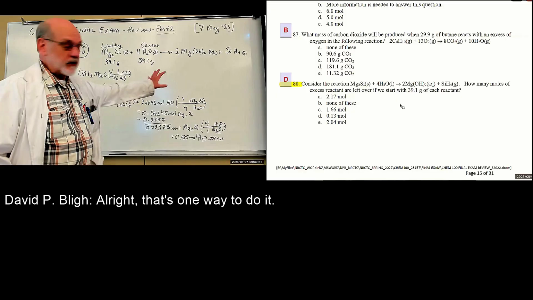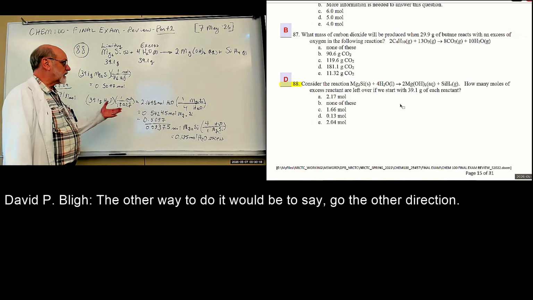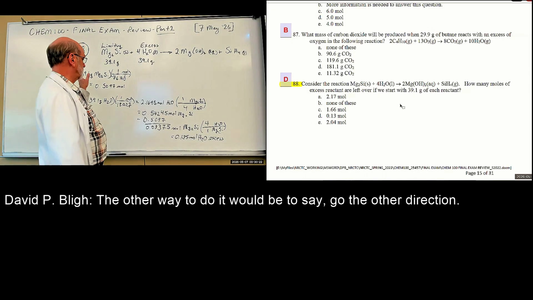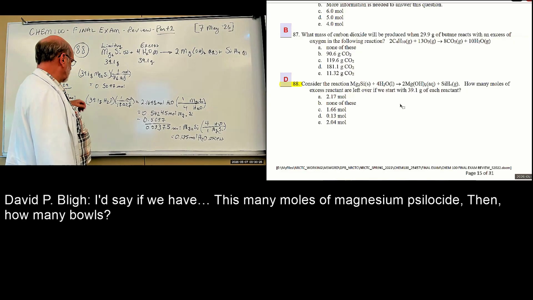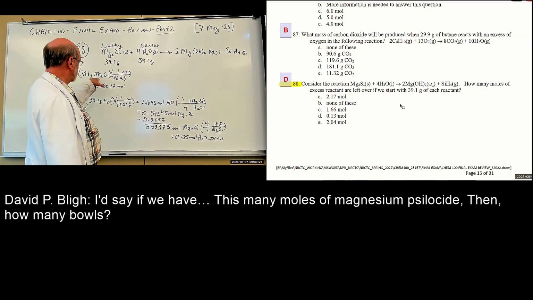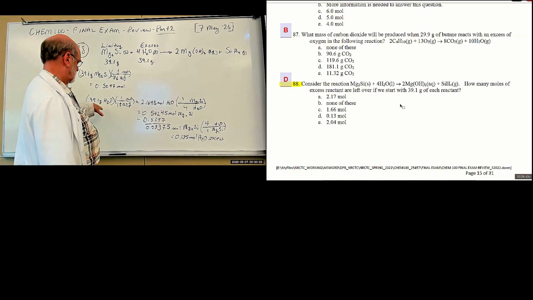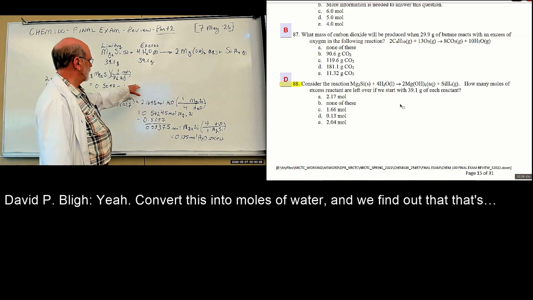All right, that's one way to do it. The other way to do it would be to go the other direction. Say, if we have this many moles of magnesium silicide, then how many moles of water does that convert to?